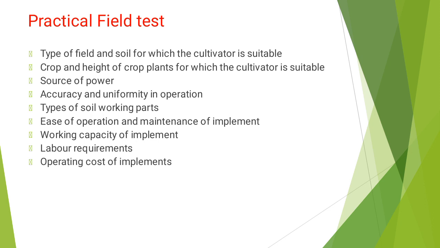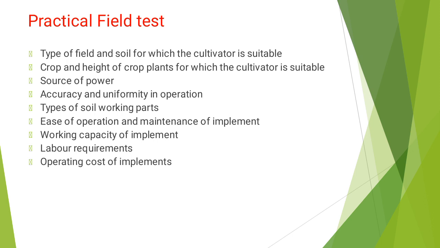The practical field test: the objective of the test is to confirm the adaptability of the cultivator to practical conditions in the field. And the items to be measured and examined are almost the same as in the performance test. The practical field test shall be conducted in 5 fields, the area of each being the same as in the performance test.